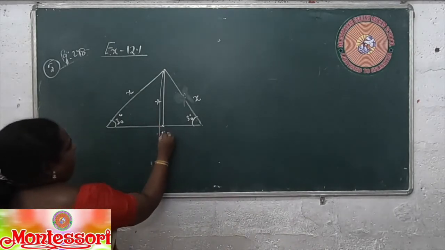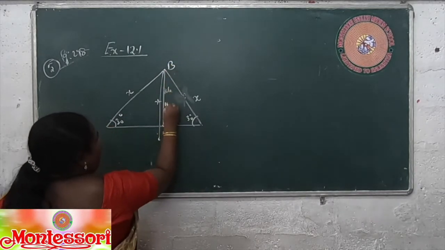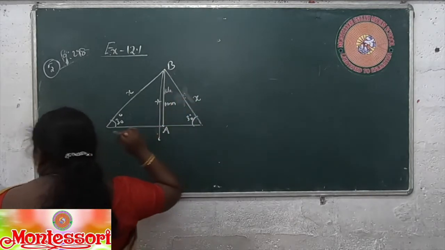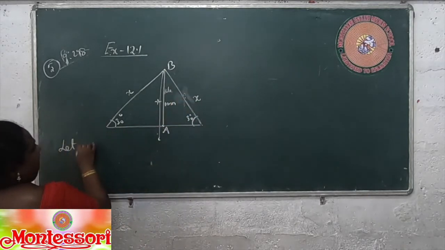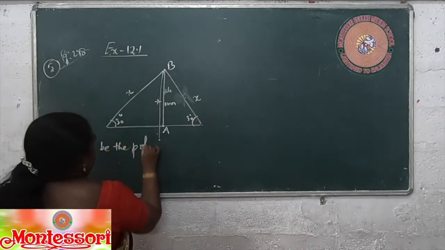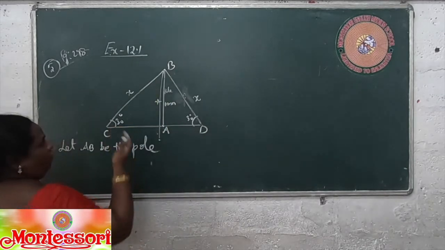So first let AB be the pole. We know it is 10 meters height. Next, we have to write like this: let AB be the pole. Now what is BC? Rope.